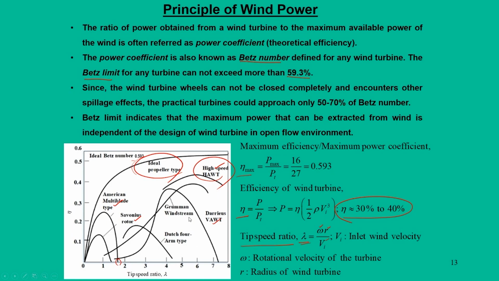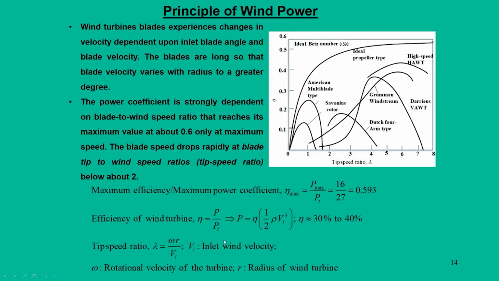Depending on the particular geographical location at which wind is available, the choice of rotor or turbine can be made. So, this analysis gives a more realistic view for applying wind machines at a particular location. Another important point I need to emphasize is that the power coefficient is strongly dependent on the blade tip to wind speed ratio.